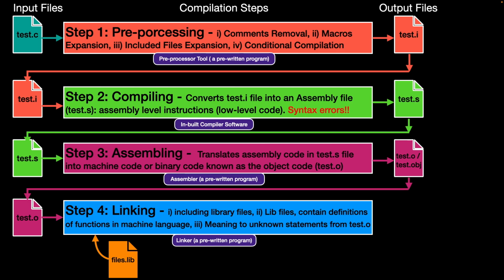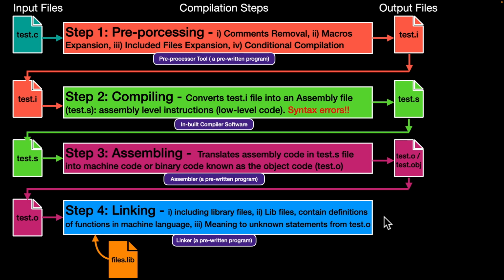Library files contain the definitions of functions in machine language. Why do we need these library files? We need them because in the test.o file there are some unknown statements that our operating system does not know.